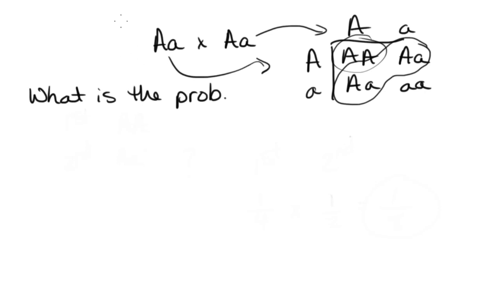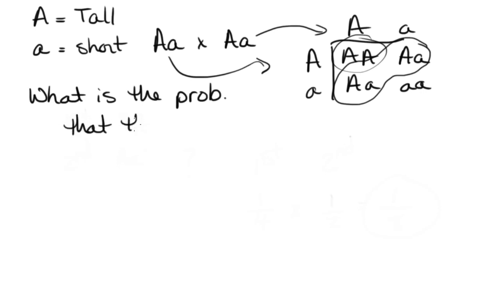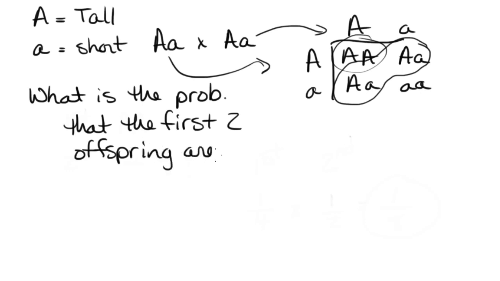Okay, so if we were to assign some looks to this, perhaps big A is going to be tall and little a is going to be short. Okay, so we might say, what is the probability that the first 2 offspring are tall and then the third offspring is short?